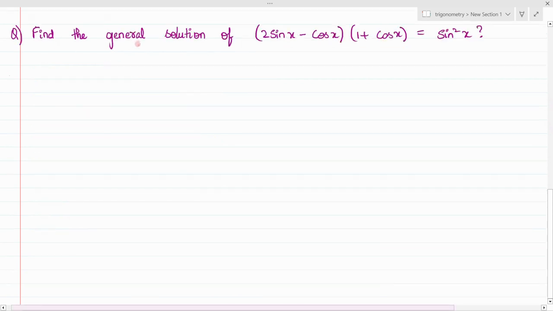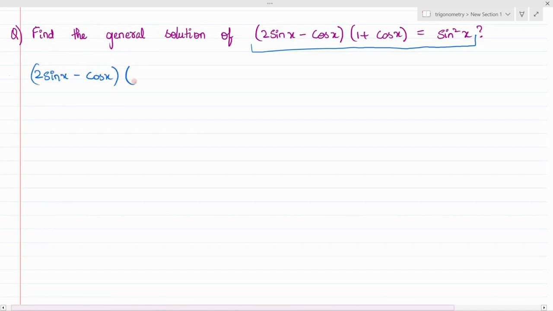In this question, we need to find the general solution of this equation. So again, we can write this as 2 sin x minus cos x into 1 plus cos x minus sine square x is 0. Write sine square in terms of cos.